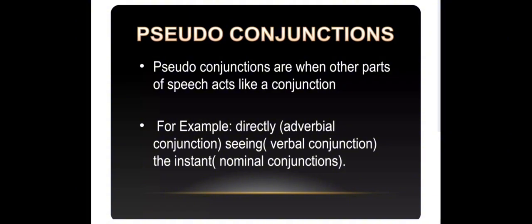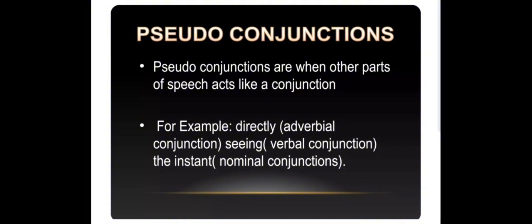Pseudo conjunctions are words that are used as a conjunction, but they are other parts of speech. When other parts of speech, for example a verb or adverb, act as a conjunction, they are called pseudo conjunctions.